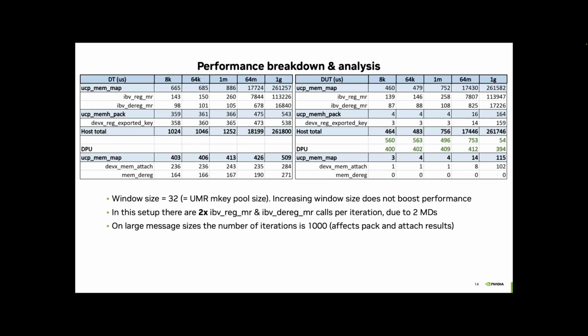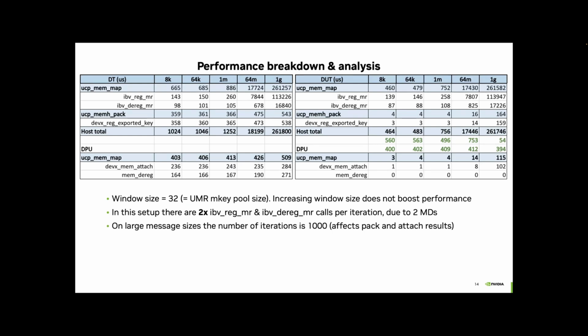So let's take a look at this performance breakdown. First, all the performance tests were executed with a window size of 32, meaning that there are at most 32 simultaneous send operations triggered by the sender.